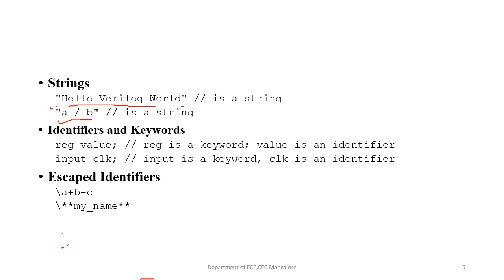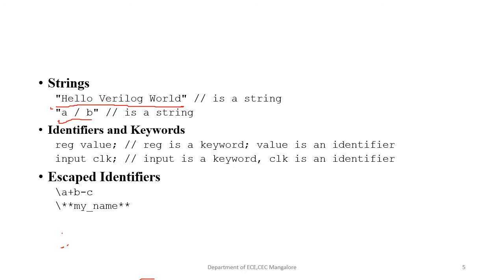Next topic is identifiers and keywords. Identifiers are nothing but, for example, if you have a circuit, if you want to give some input and analyze some output, then you require input names like a b c d.